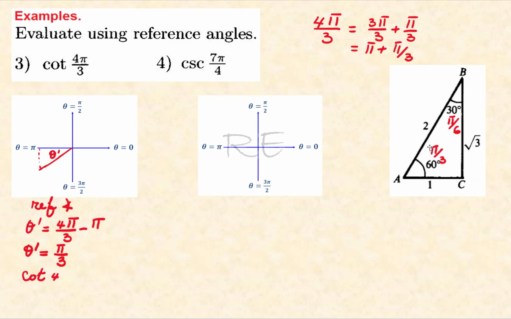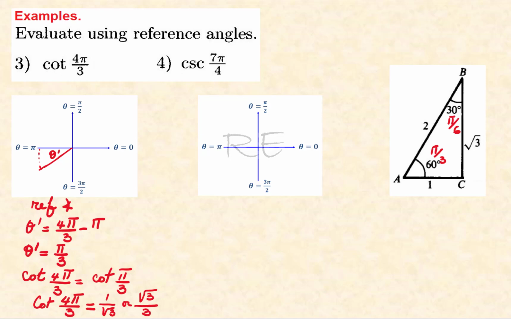Cotangent 4 pi over 3 is equal to cotangent pi over 3, because we are in the third quadrant, and cotangent 4 pi over 3 will be equal to the adjacent 1 over the opposite, square root of 3. When rationalized, square root of 3 over 3.